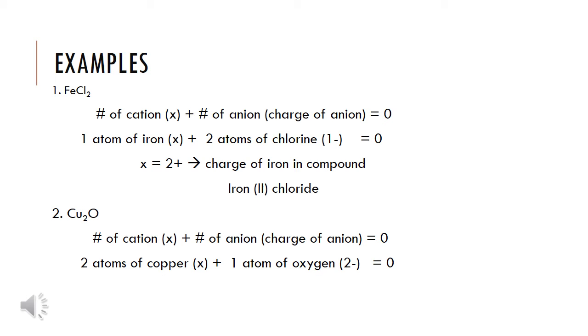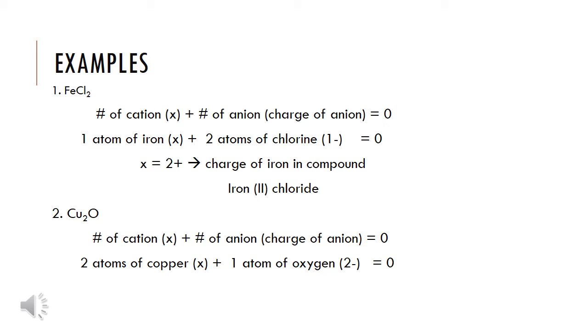There are 2 atoms of copper in the formula, shown as the subscript 2, times X because we're looking for the charge of the copper, plus the 1 atom of oxygen in the formula times the charge of oxygen. Remember that oxygen and all the other nonmetals keep the same charge, whatever it is on the periodic table.